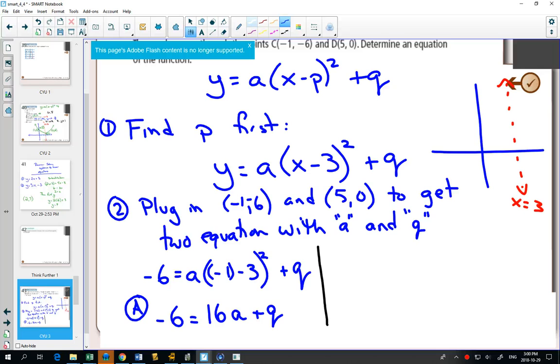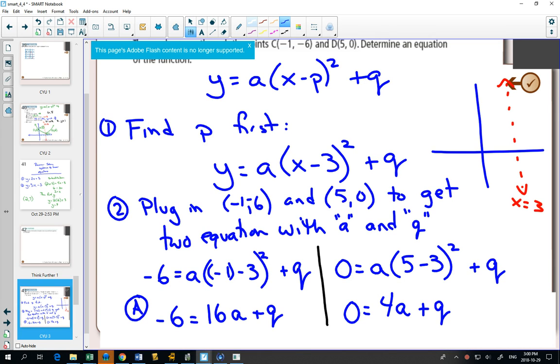That means when y is 0, x is 5. And simplifying this, 5 minus 3 is 2, 2 squared is 4. I get 4a plus q. I'm going to call that equation B.